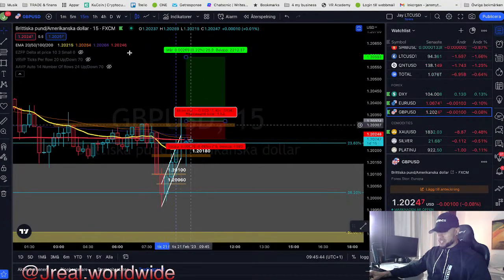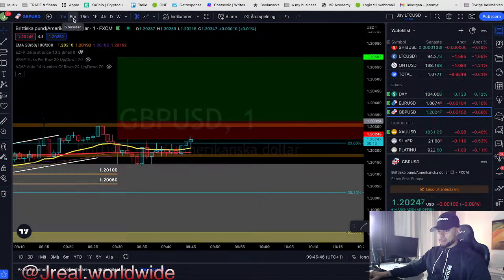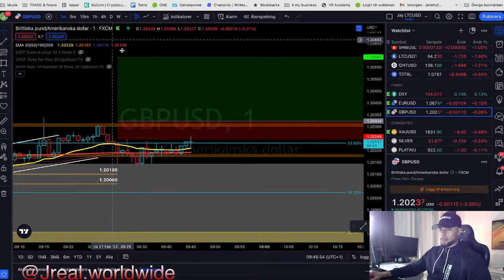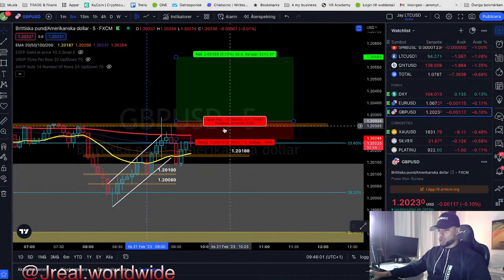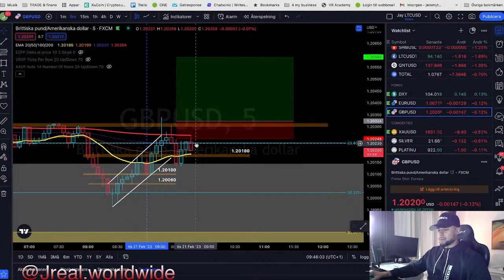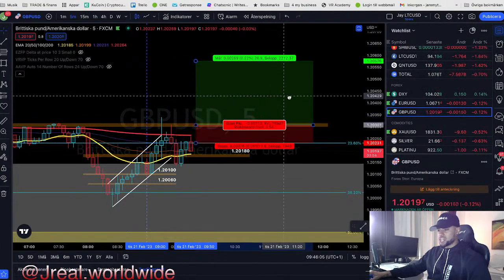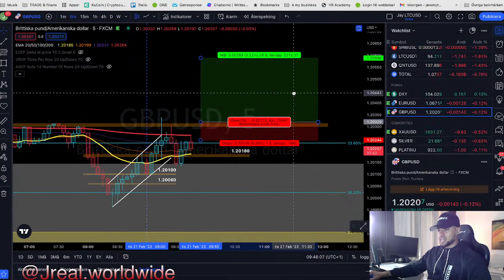Same thing on the 50-minute time frame. On the 1-minute time frame, it has broken above both the 20-day and the 200-day EMA. It's good, but it's not that strong on the 1-minute time frame. We want to see that happen on the 5-minute and 50-minute time frame. So we're still ranging, not much happening, so we don't see a trade yet. We're still waiting for that breakout to happen.